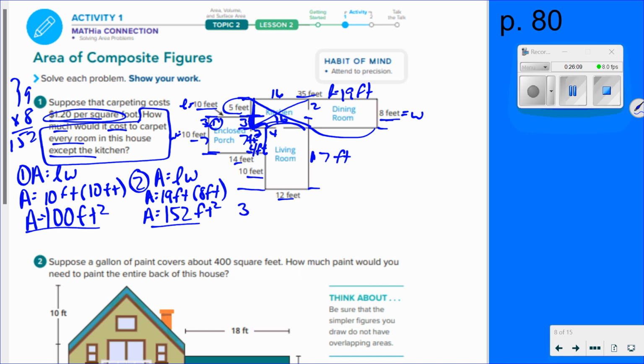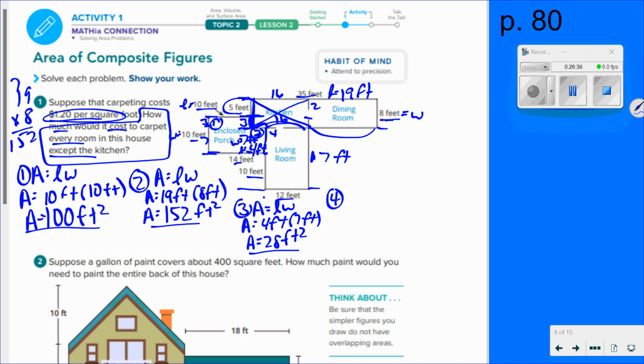Number 3, that's my little one right here. So we said this one, again, is a rectangle, length times width. I'm going to do a width of 7, a length of 4. So area equals 4 feet times 7 feet, or 28 square feet. And number 4, that's the living room, sorry, or what's left of it.